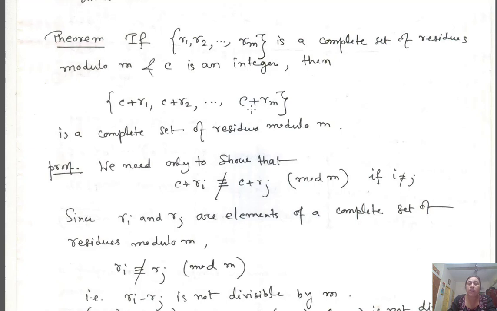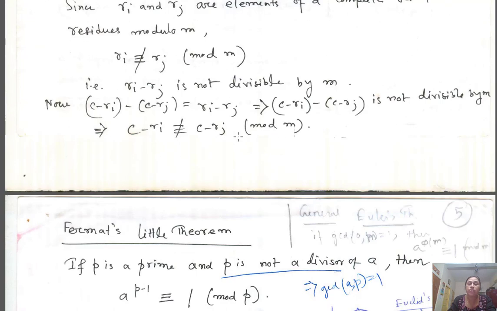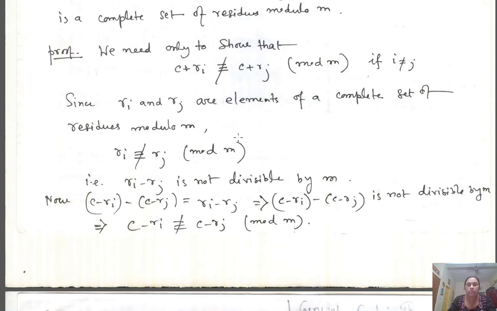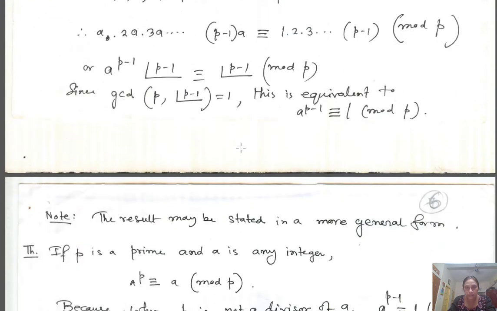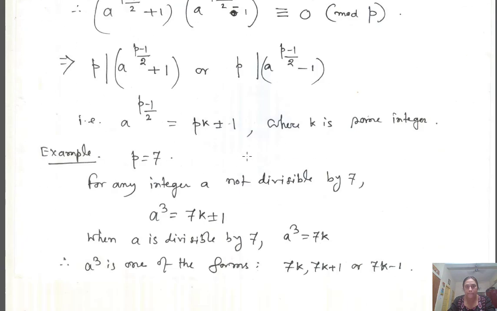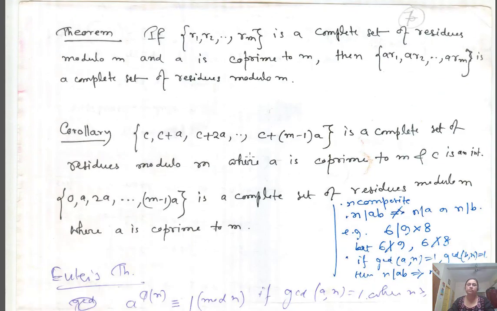In that case, it is also a complete set of residues modulo M, provided there is some constant. So if you consider the product, then AR1, AR2, up to ARM is also a complete set of residues modulo M, provided A and M are co-prime. Okay, this condition is needed.